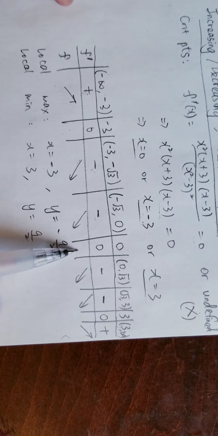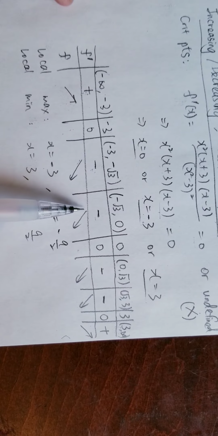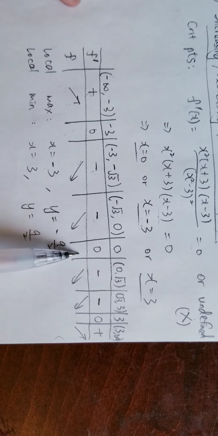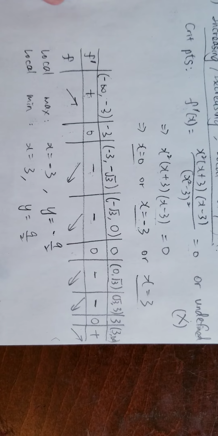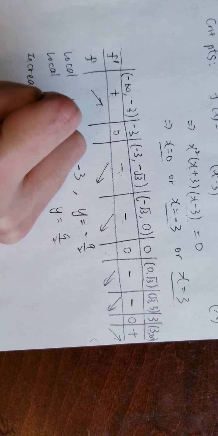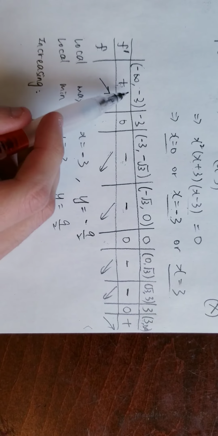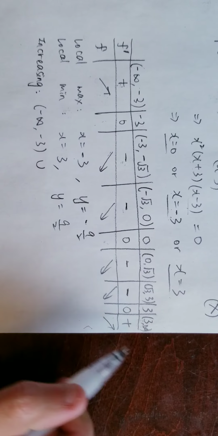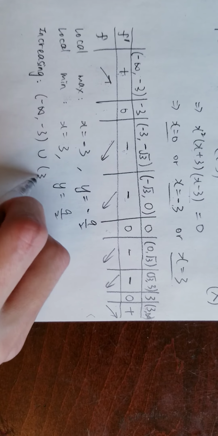What about this point? It's decreasing on the left, it's decreasing on the right. That means it's nothing. It's not a local max, and it's not a local min either. And then you can write down the increasing and decreasing intervals. The function is increasing on -infinity to -3, union 3 to infinity.